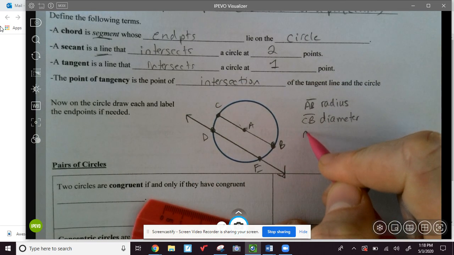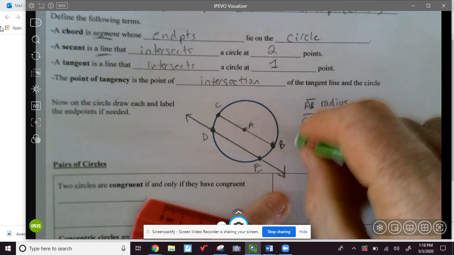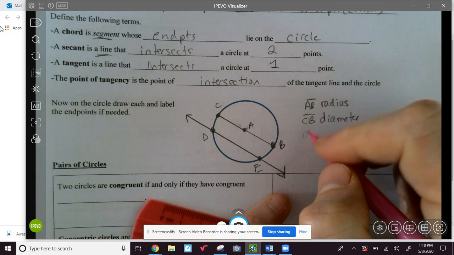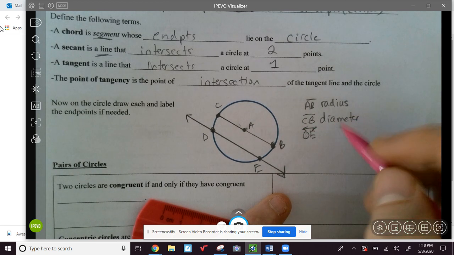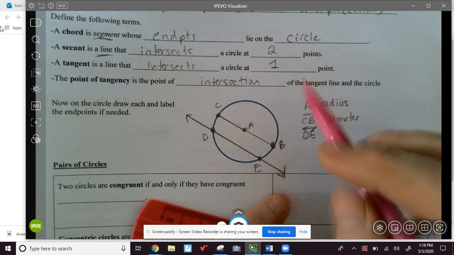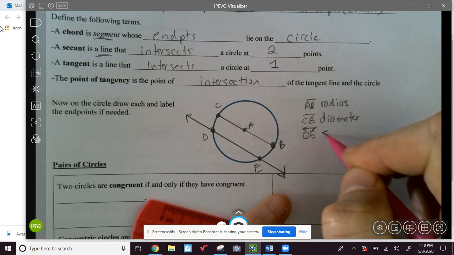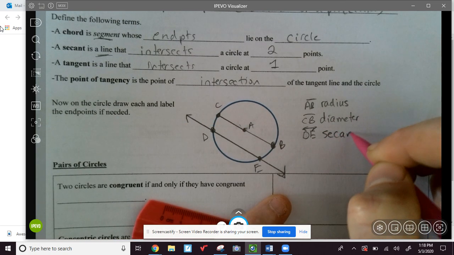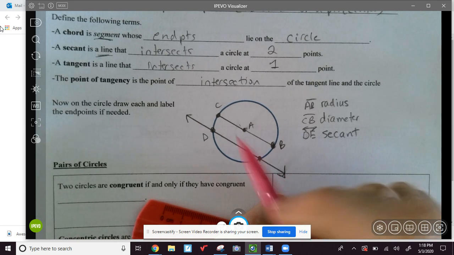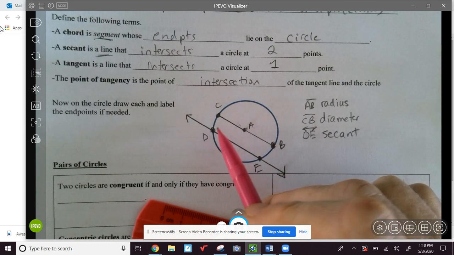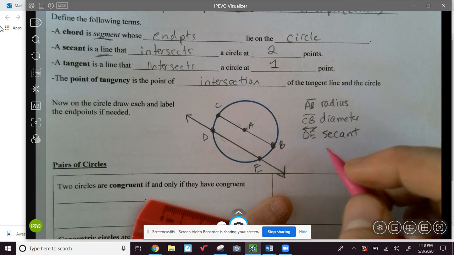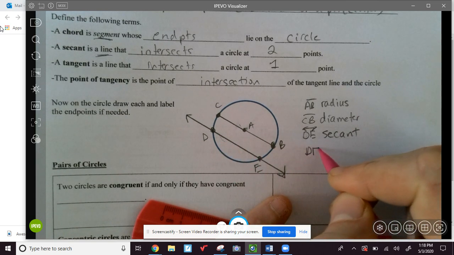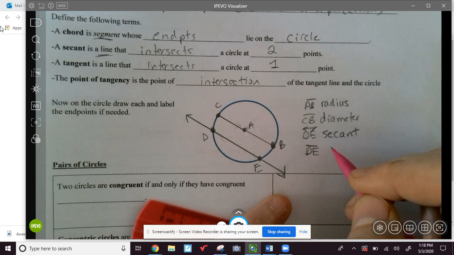We have a line DE, and this is called a secant. Inside this line, however, if we were to stop at D and stop at E, this is a segment inside that line. So we could say segment DE is going to be a chord.